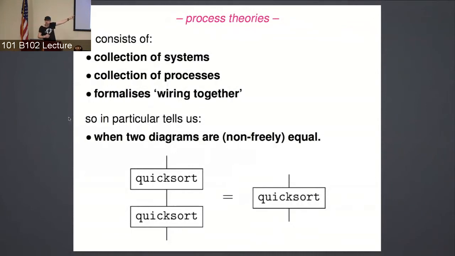That's where it becomes a bit more complicated if you go to actual mathematics, and you need to use category theory in its more traditional formulation to connect such a process theory to the mathematics you're used to. I'm not sure whether it's good. And so it in particular tells us when two diagrams are non-freely equal. So here is an example of an equation which you would find in a process theory, which is not a tautology. Right.